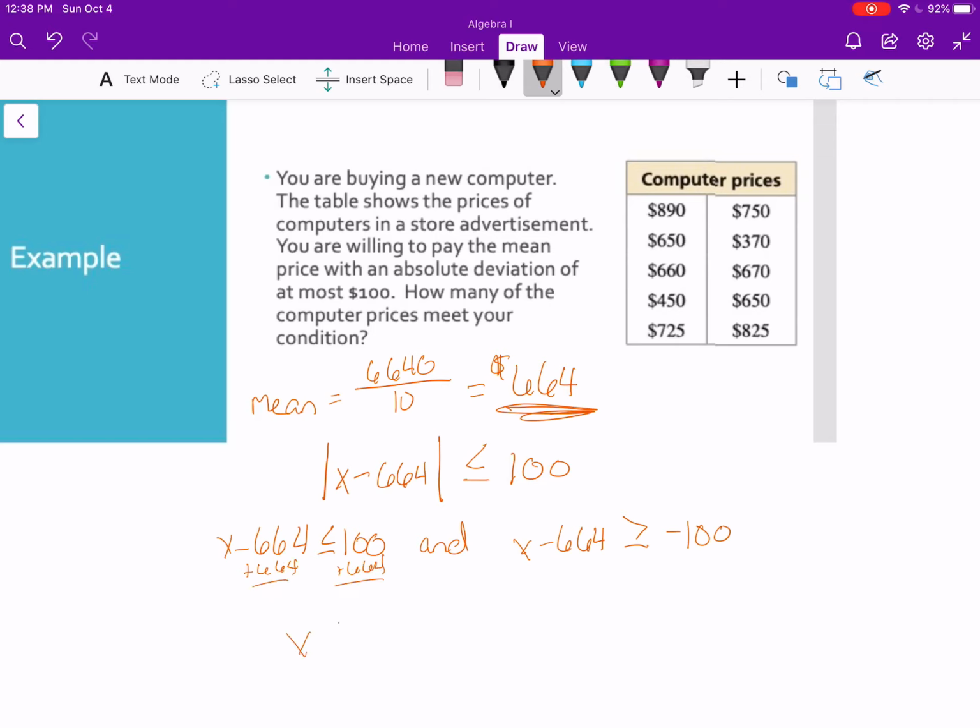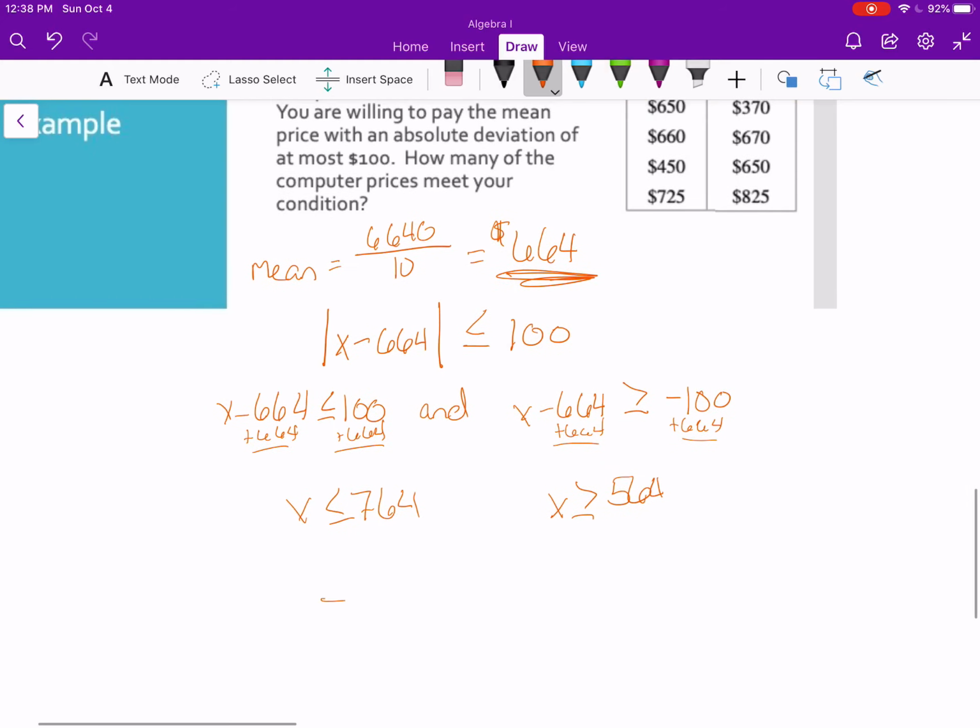So x is less than or equal to 764, and solving over on this side, x is greater than or equal to 564. So what this looks like on a number line, here's 564, here's 764, closed circle on both of them. It's an and they overlap, so it's going to be all the values in between.